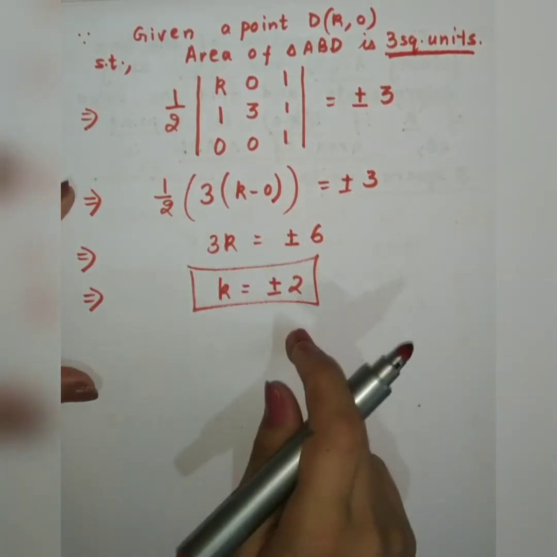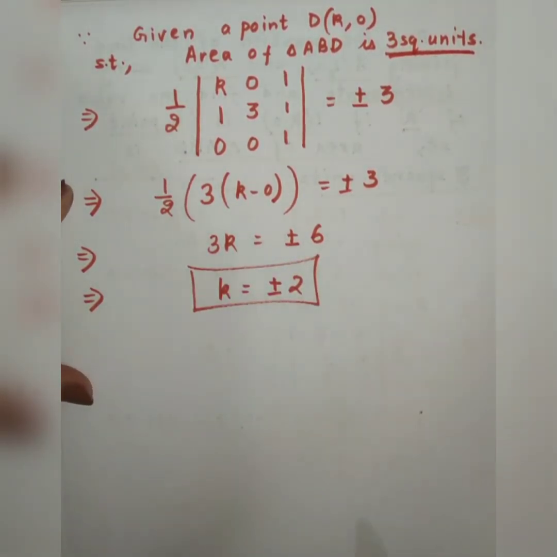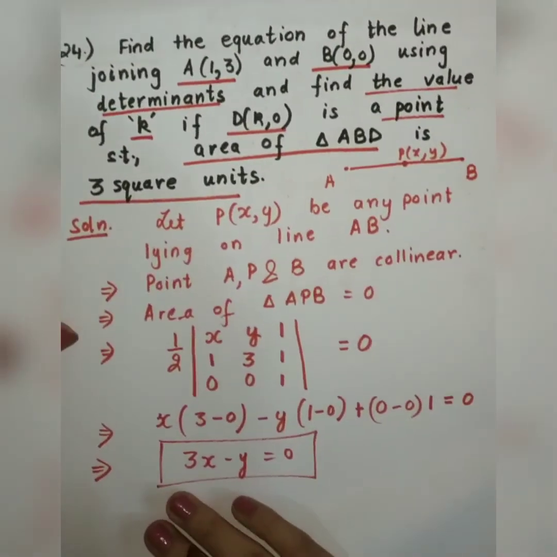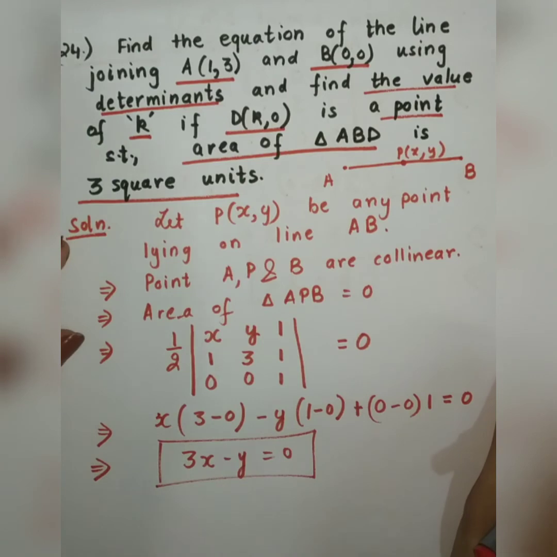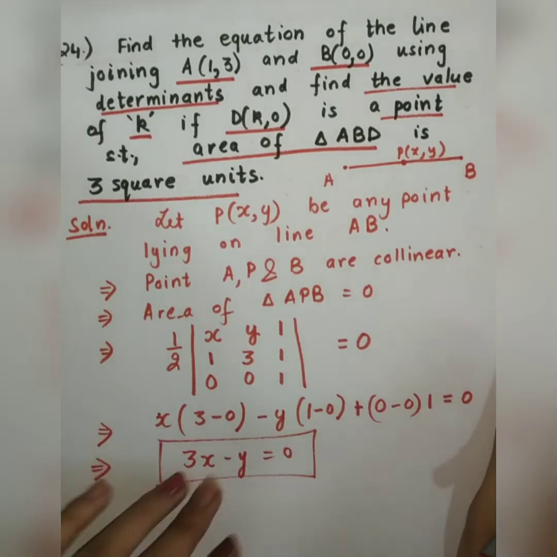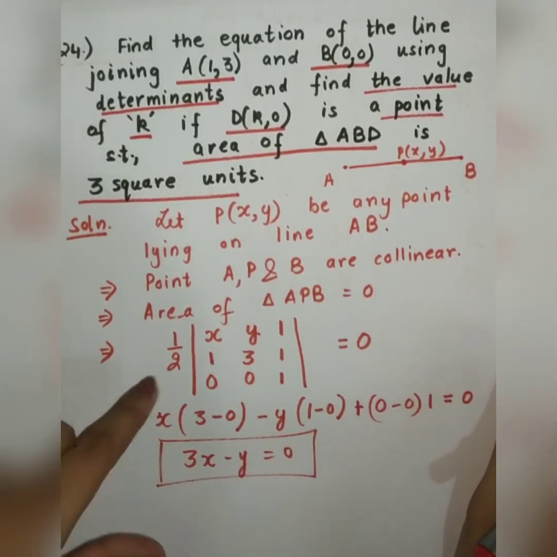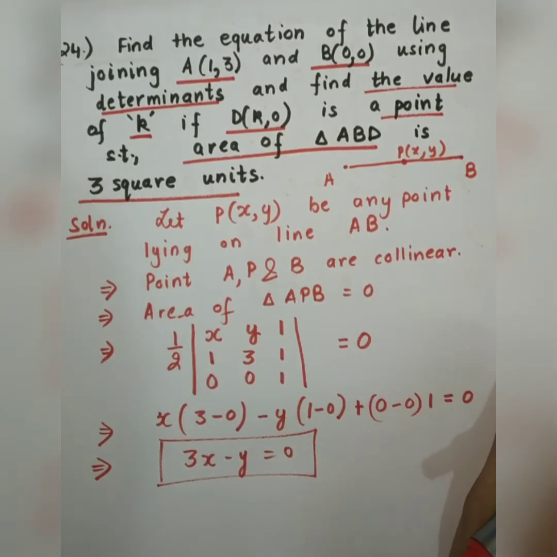So this is the value of k for which the area of triangle ABD is 3 square units. I hope this question is clear to you. The most important thing is to remember this result. You should know well how to find the area of a triangle in determinant form.